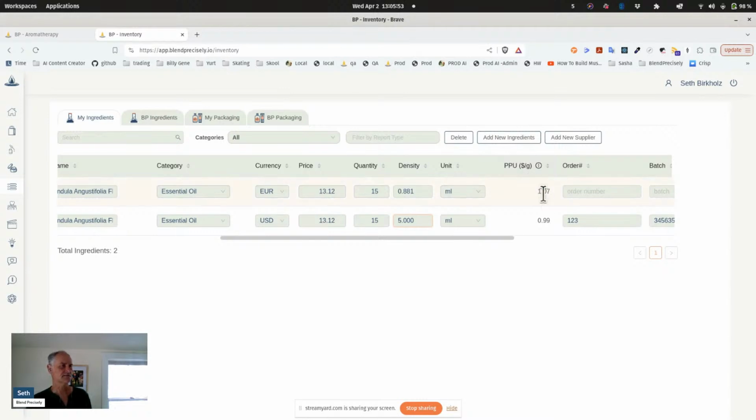So in this case, it costs you $1.07 per gram for this particular product. And with this one, because the density has changed to 5, it changes. If I were to do something truly ridiculous and say it's 50.